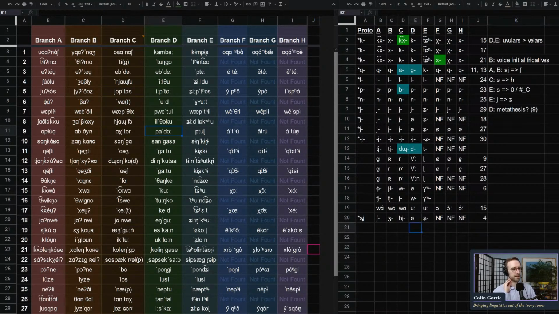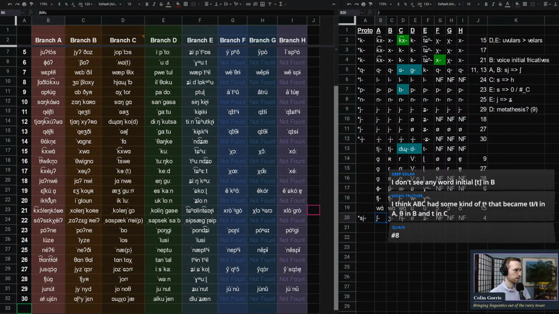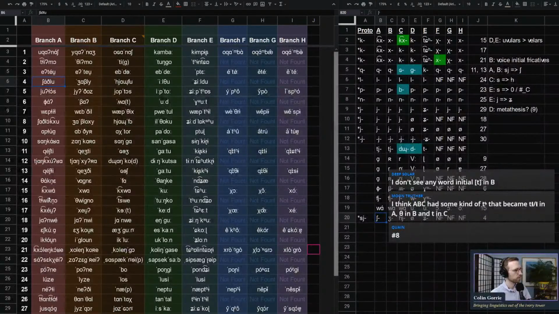Let's go further on this sia hypothesis. Let's find the other sh in branch A. Initial sh. So we have the 1 and 4. Are there any others? There are not. That is a shame.